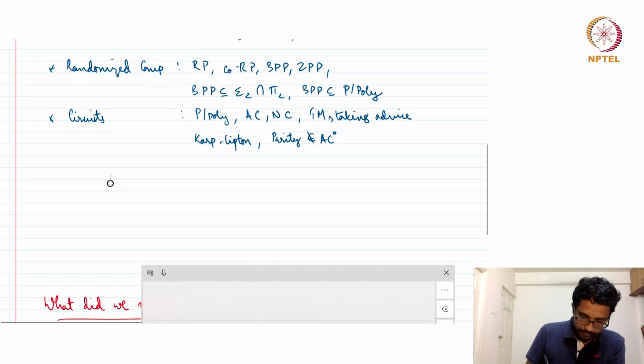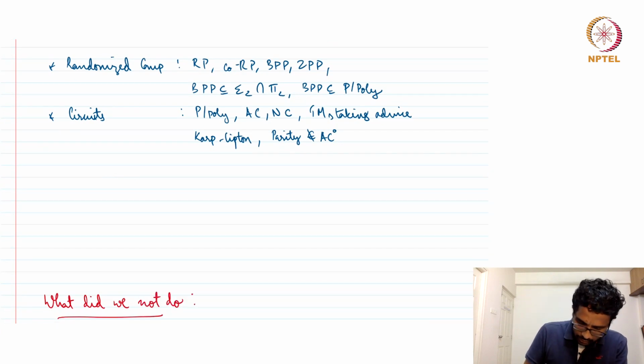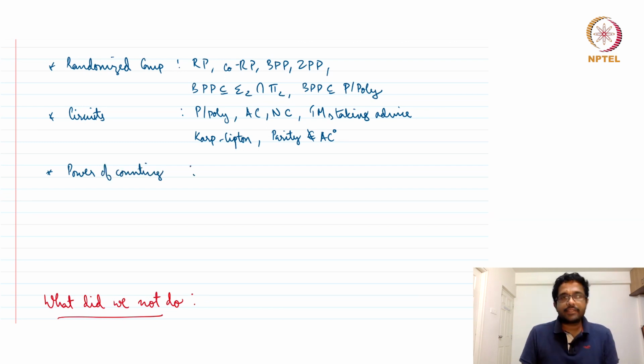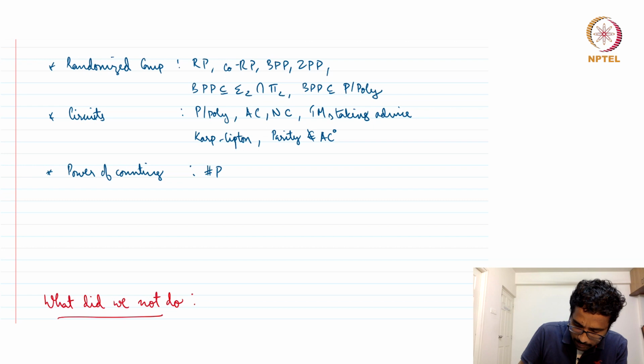Then we saw the power of counting. If we could count, what could we do? Till now we had seen decision problems. If you could count the number of accepting paths, what could you do? We saw mainly two things. One was we saw #P-completeness.